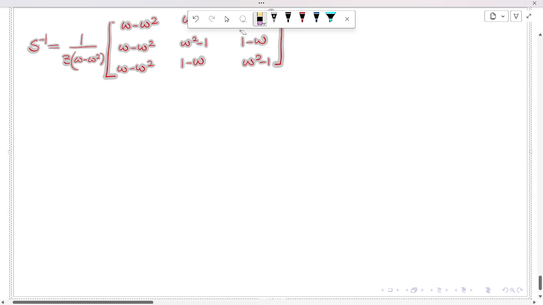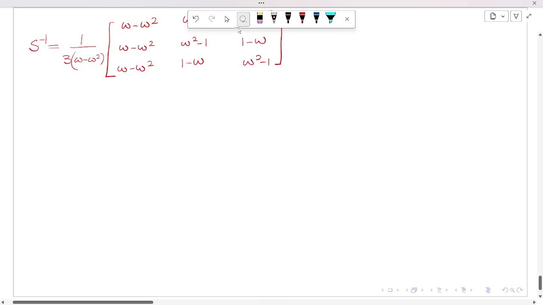So let us multiply this omega minus omega square inside the matrix. With each entry, we get 1 by 3 will remain here.